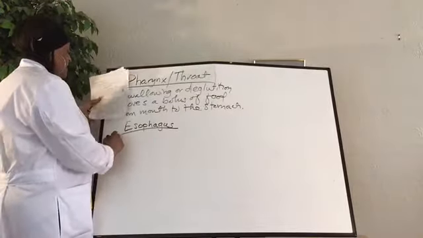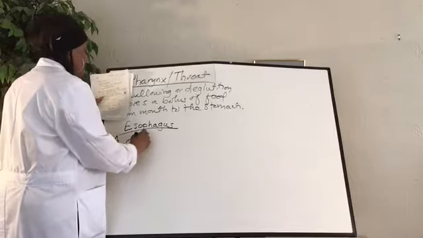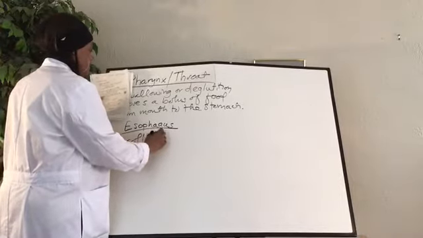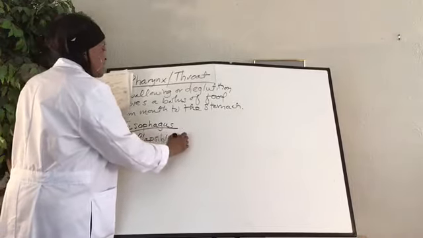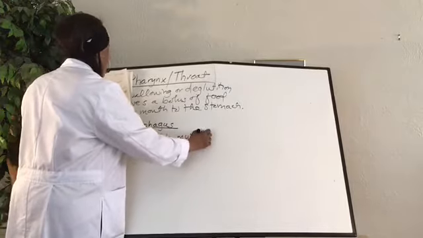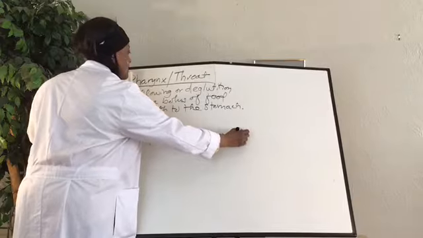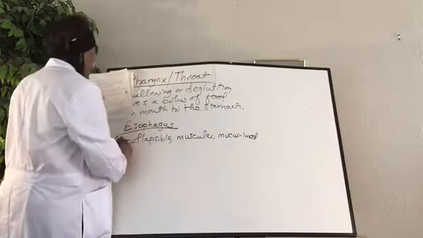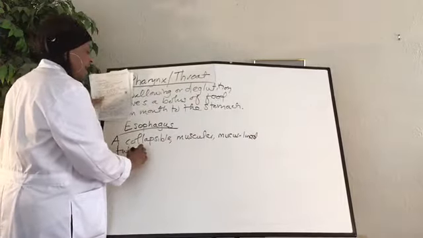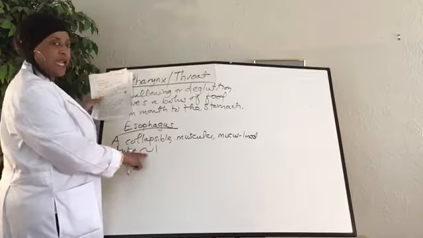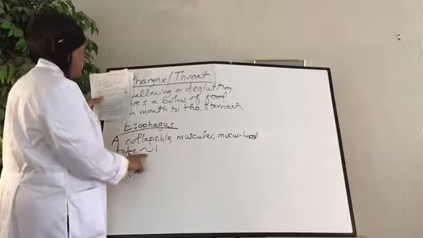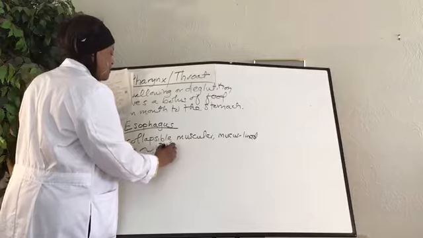Esophagus. This is a collapsible, muscular, mucus-lined tube. And it's about, remember that squiggly line means about or approximately, 10 inches long.